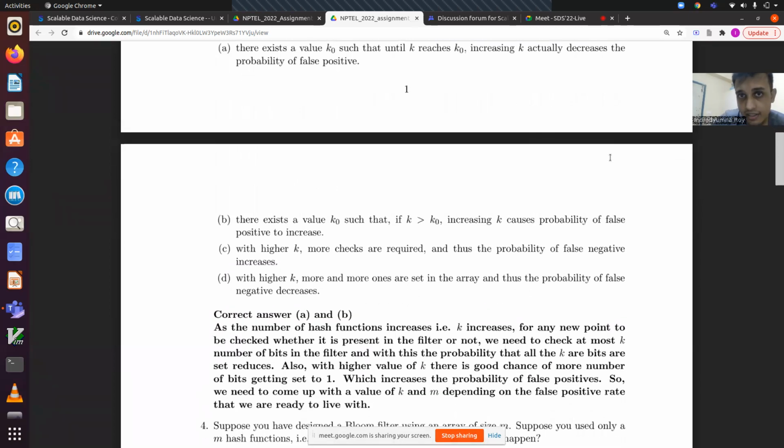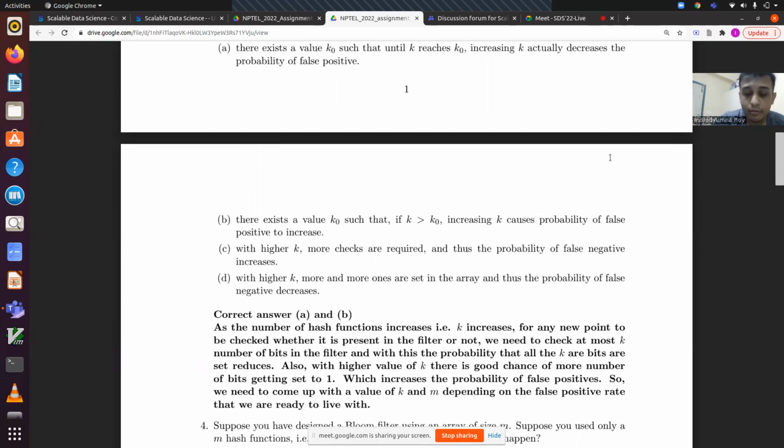So what it's saying is, let's say we have a small number of hash functions, K less than K0. Now if we increase the number of hash functions, then that reduces the probability of false positive.